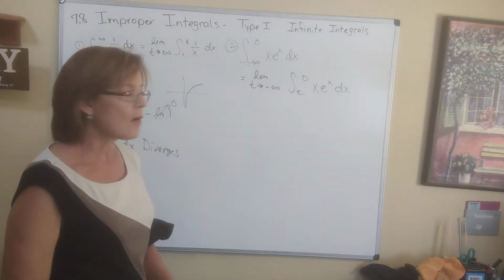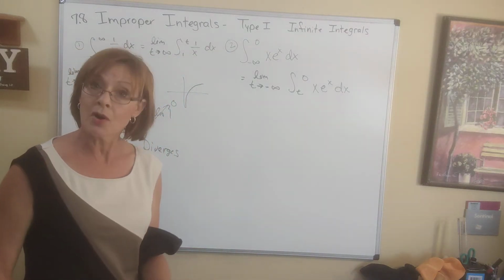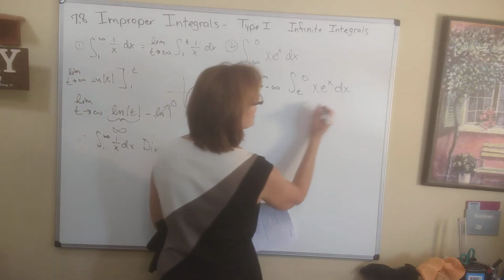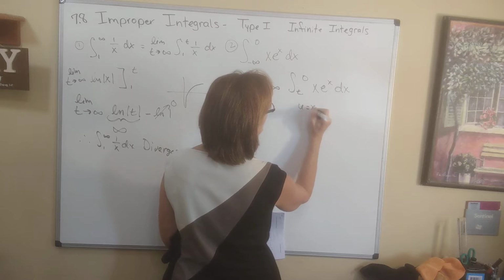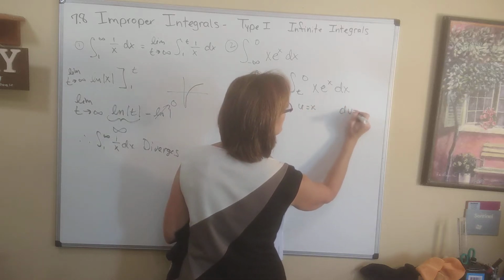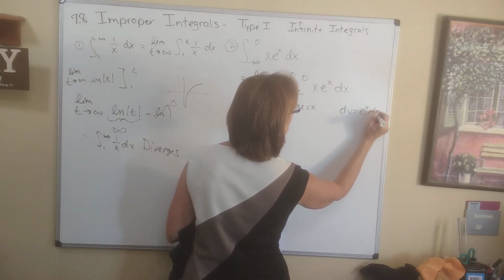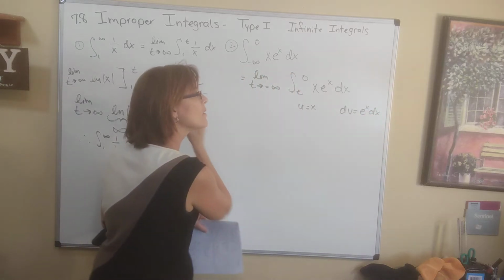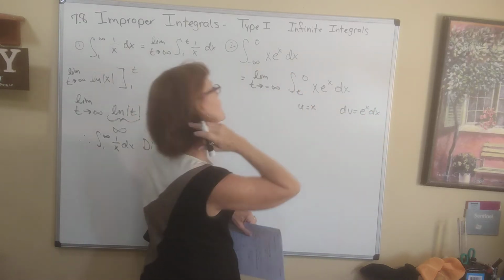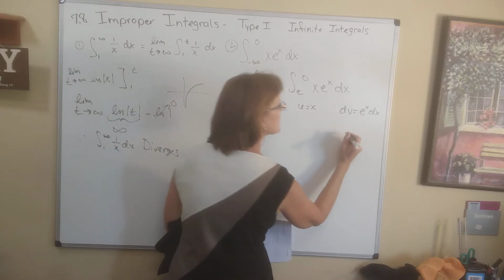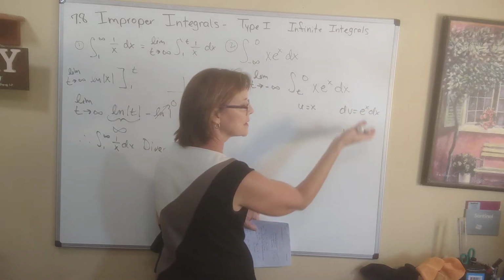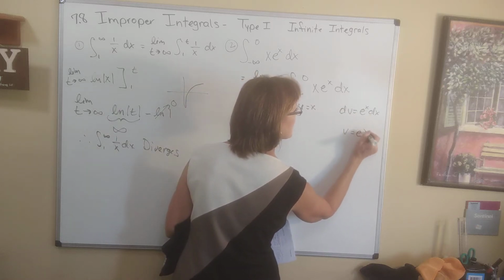Now we want to integrate this. This calls for integration by parts. I'm going to let u equal x and dv equal e to the x dx. First we have to figure out what v is. Integrate this to get v. v is equal to e to the x.